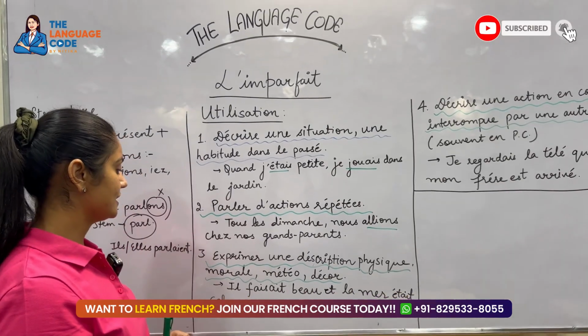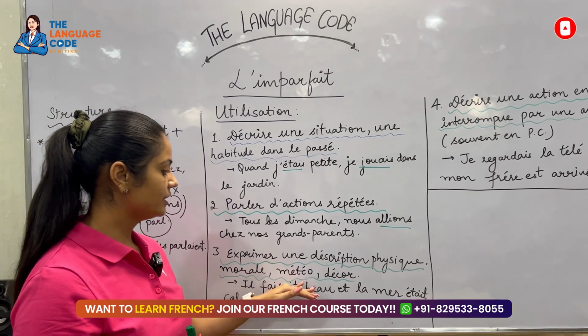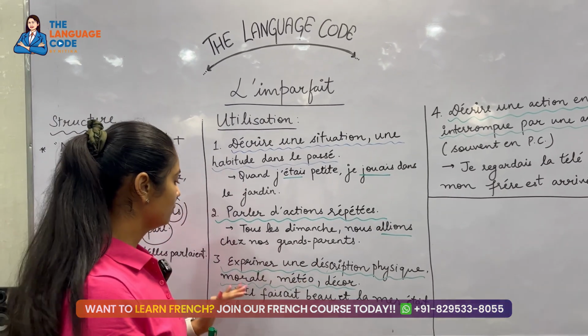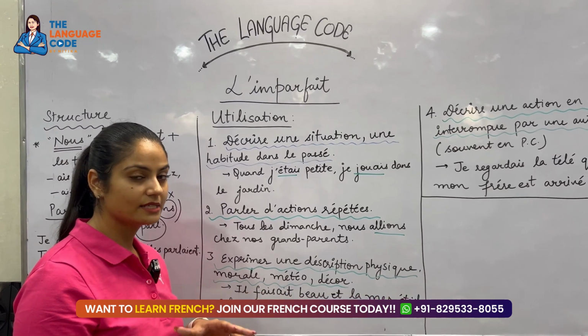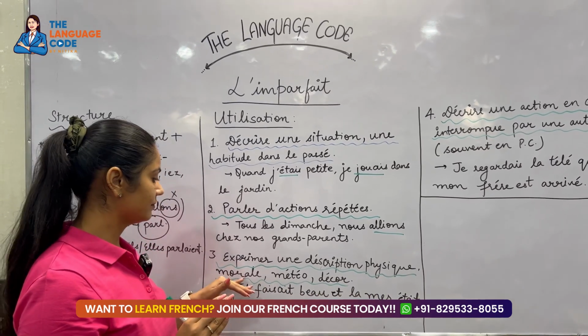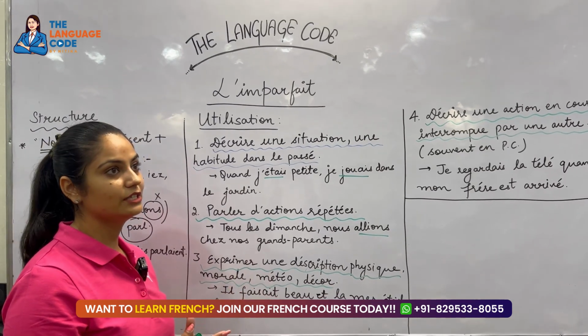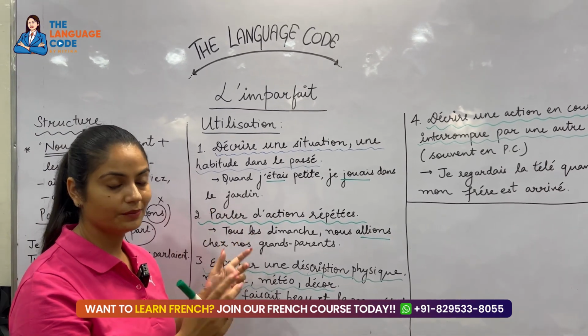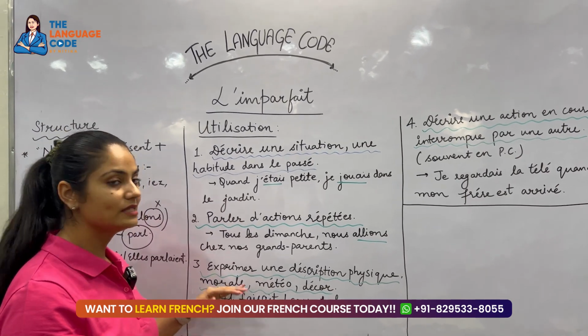Third usage is exprimer une description physique, morale, métier et décor. So for explaining background stories or someone's physical characteristics, or something moral, the lesson you got from there, or the weather that day, for the past, this background information uses l'imparfait.